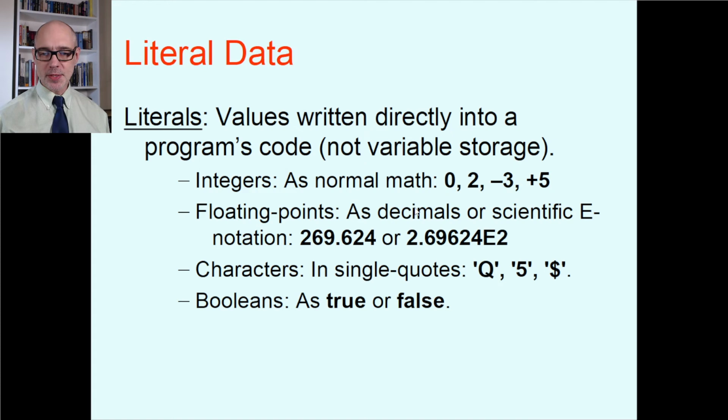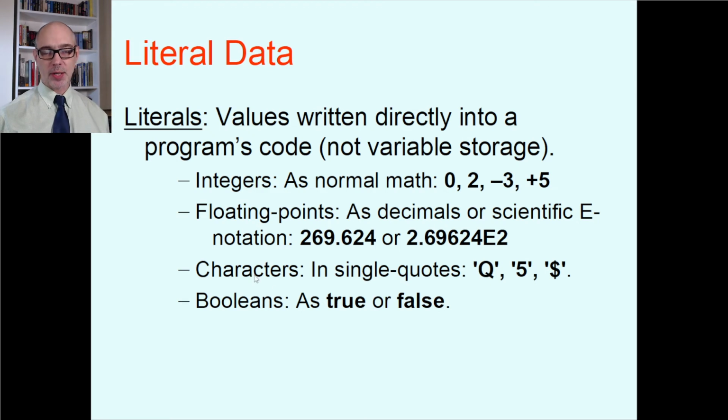Now, hopefully you realize that those two are actually the same number, right? 2.69624 times 10 to the second power actually is the same as this other number. So there's 2 ways of writing the exact same number. That would probably show up in your output if your floating point data gets very, very large, right? It'll probably come into output by default in this E notation, so you should be ready to recognize that and read it if you need to.